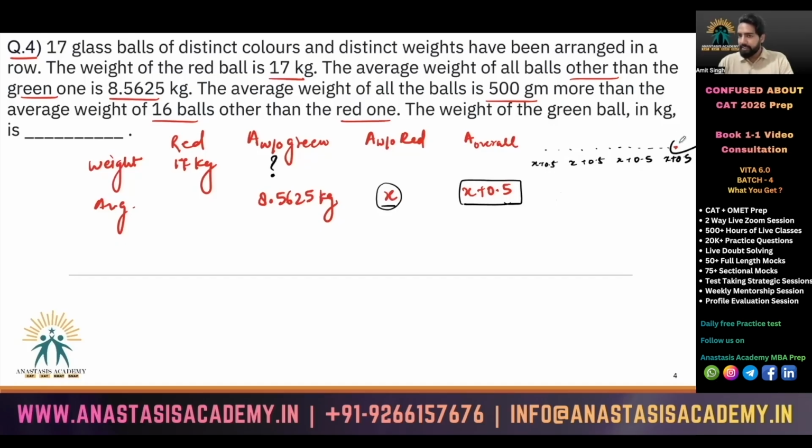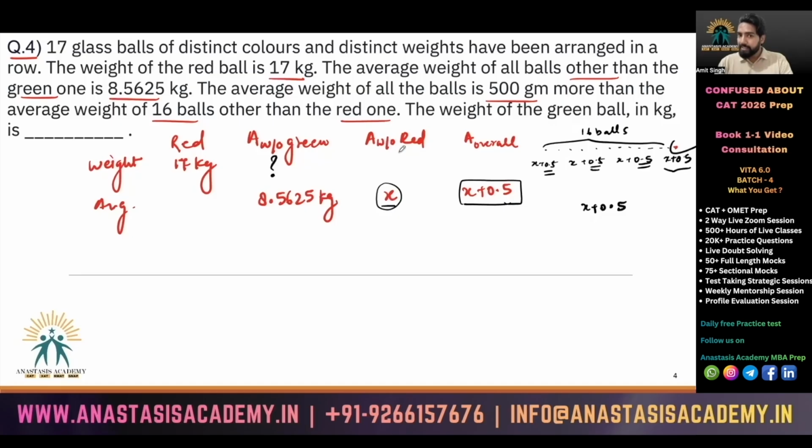This red ball has taken with it the weight X plus 0.5, and all these extra weights, 0.5, 0.5, right? And for how many balls? For 16 balls. Can you see?